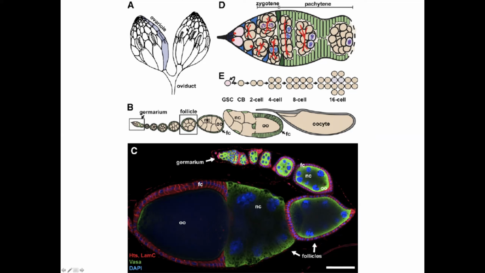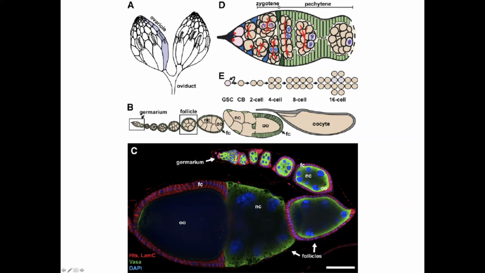These are individual developing ovarioles. So this is a very mature egg, and these are immature developing eggs. So it has these strings of developing eggs, and each of them is called an ovariole. They're like a bud, and you can peel them off and mount them like this.